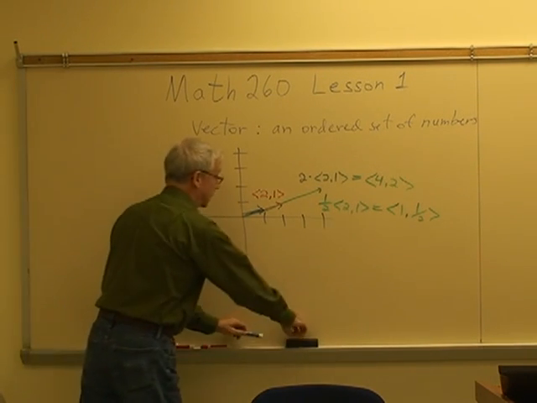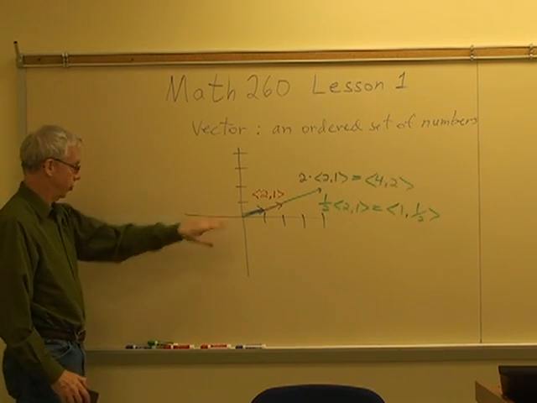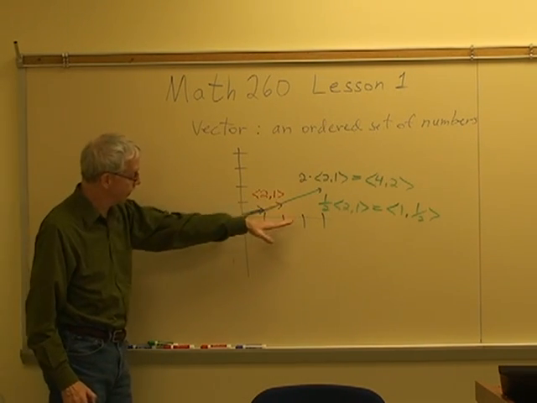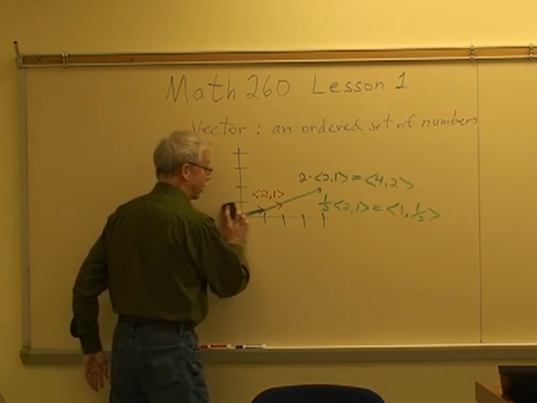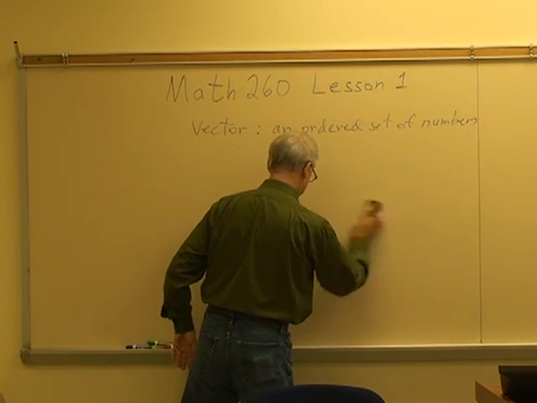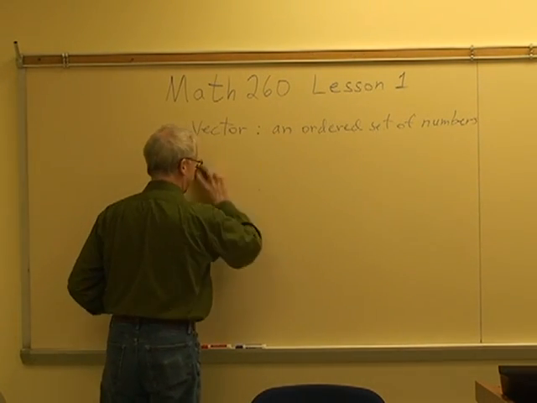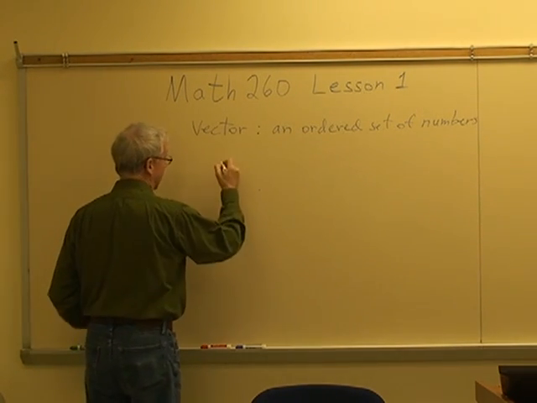So that's the idea of algebraic vectors versus geometric vectors, and you can see they're tied together this way, but the beauty of the algebraic approach is I don't necessarily have to think about vectors as coordinates, as having anything to do with geometry. For example, I might consider the following vector.